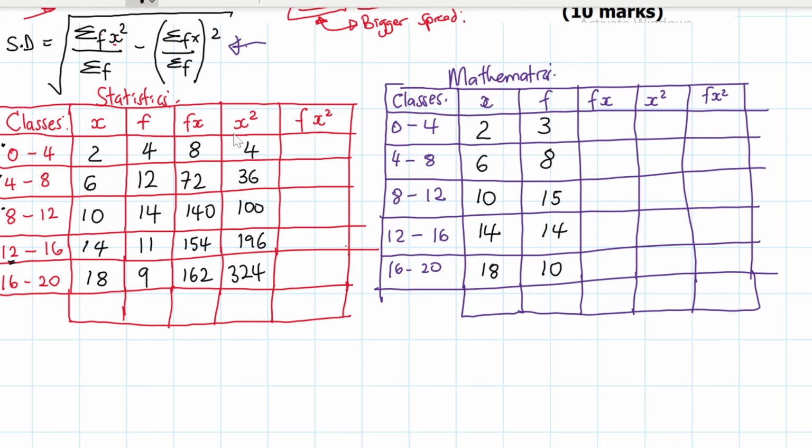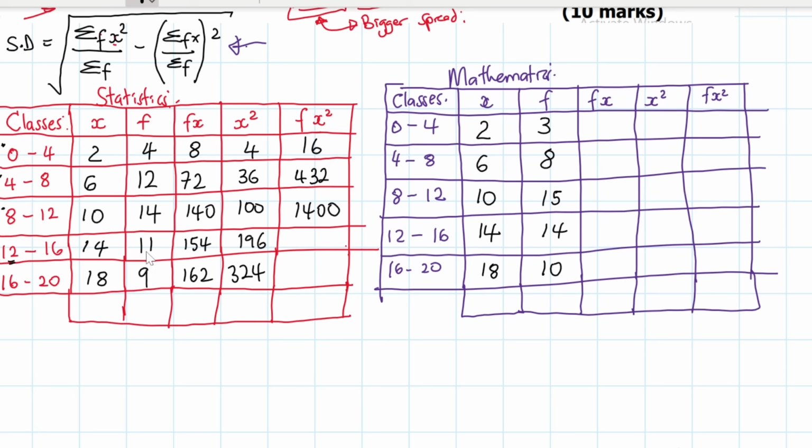So fx squared: we are getting our column of f, and we are multiplying it by x squared. Here it's 4 times 4, which is 16. Then here we have our f, which is 12 times 36, which is 432. Then we have f times x squared, 14 times 100, which is 1400.